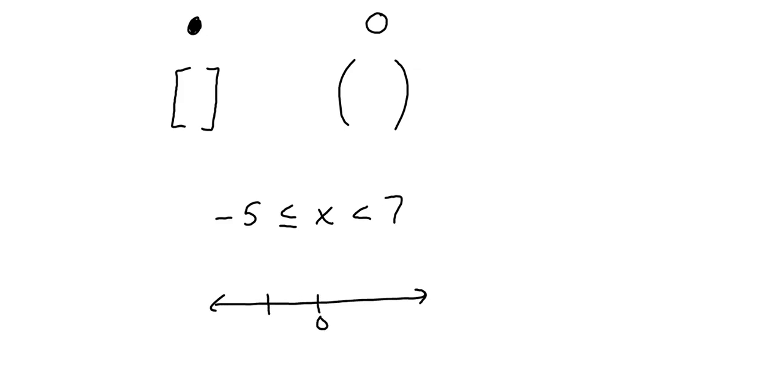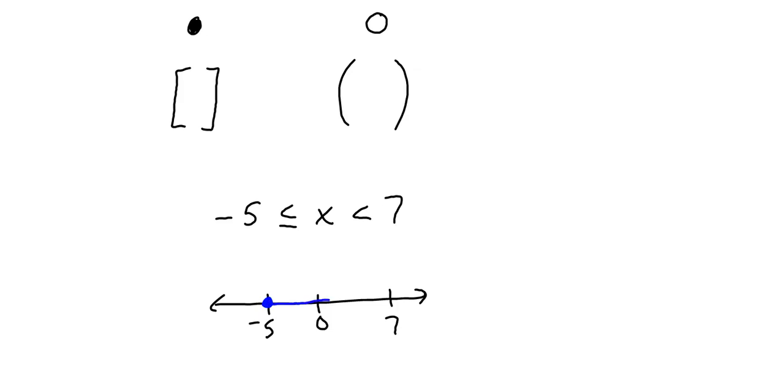I don't think we have any of this in this lesson, but you may run into something like -5 less than or equal to x, less than 7. If I were going to do this in graphing notation, I would have my 0, I'd have -5, I'd have 7. And I'd say, well, x's are greater than or equal to -5, so they're heading this way.